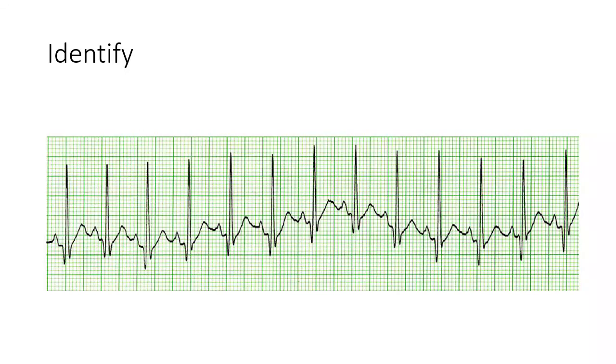Again, the other thing that you've got going on with this patient is that what's probably occurring is he's probably moving, yeah. So that's probably having an impact on the very minute changes you're seeing in the P waves.